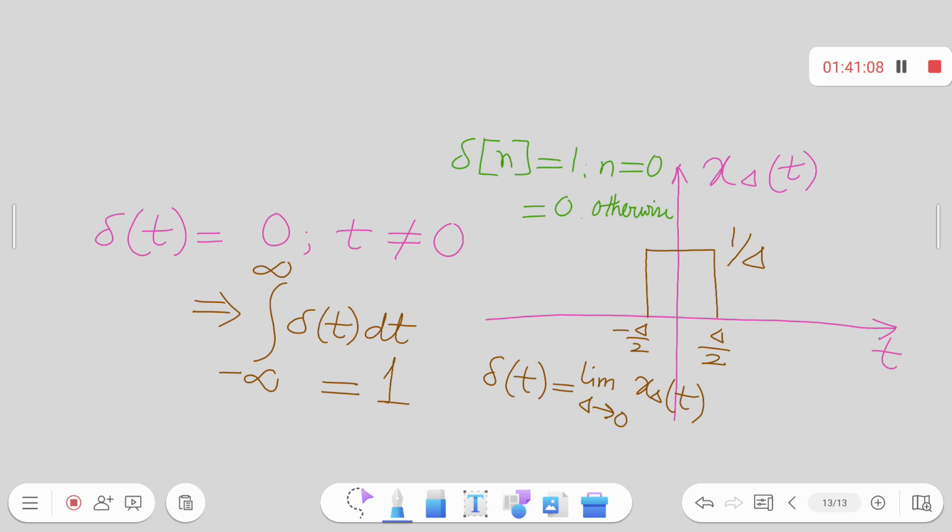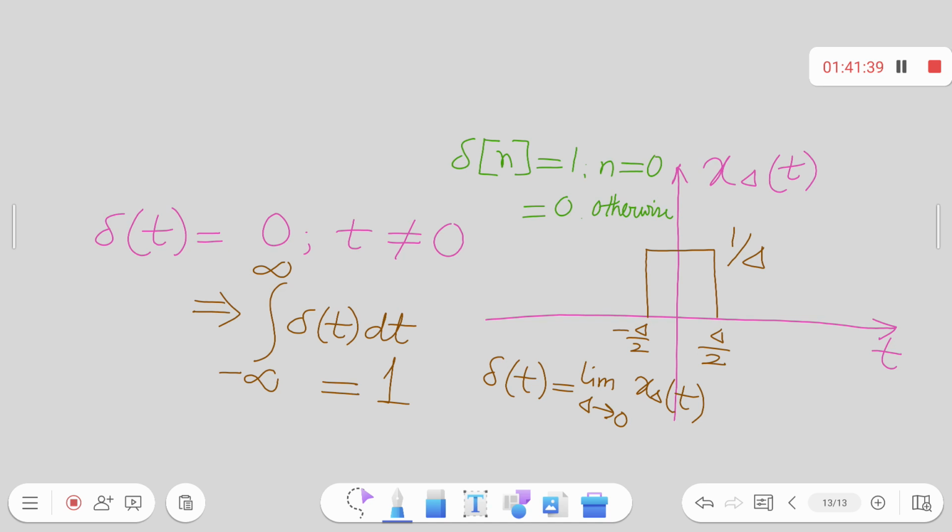So for that, I have to take a small window of size delta, from minus delta by 2 to plus delta by 2, a symmetric placement. So the window size is delta, and there is a pulse whose width is equal to delta and height is equal to 1 by delta, and I am approximating that pulse with zero width, and that can be regarded as the delta function.